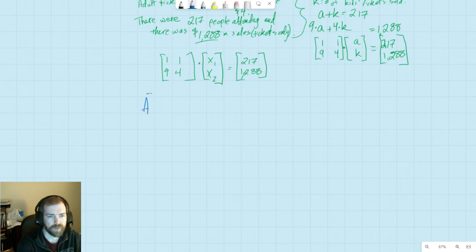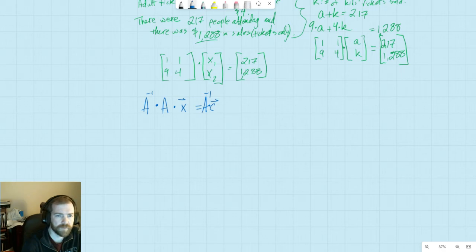So anyway, with linear algebra, what we like to do is then say that we're going to start generalizing this and say that we're going to left multiply our A matrix, on the left-hand side by its inverse.